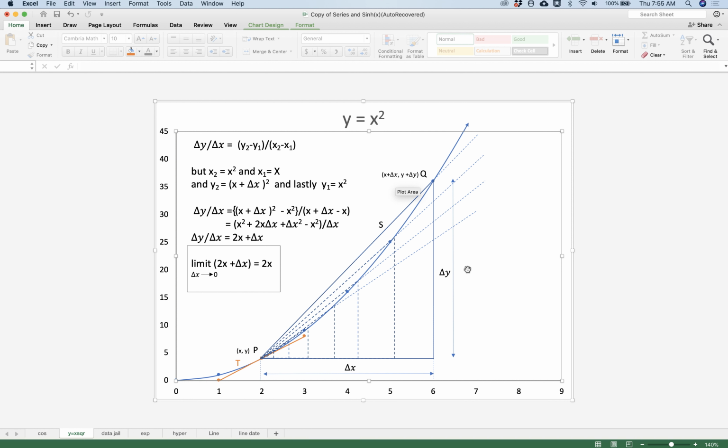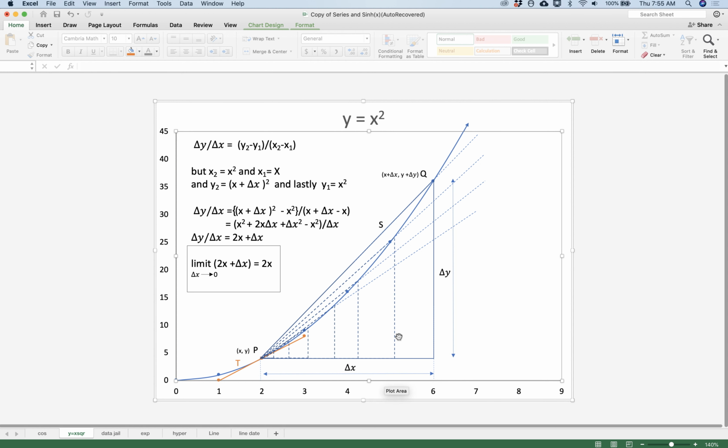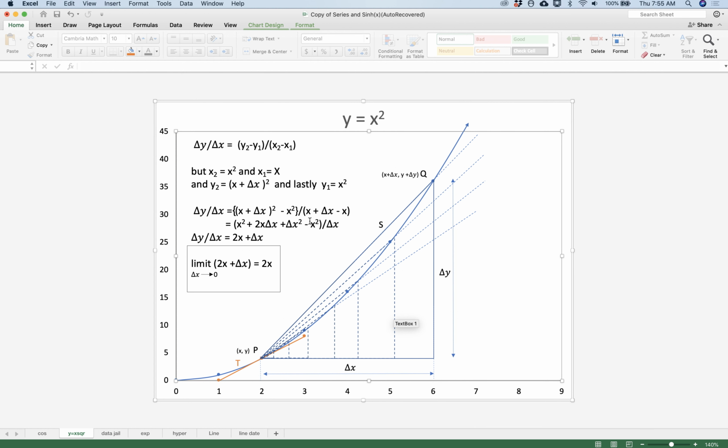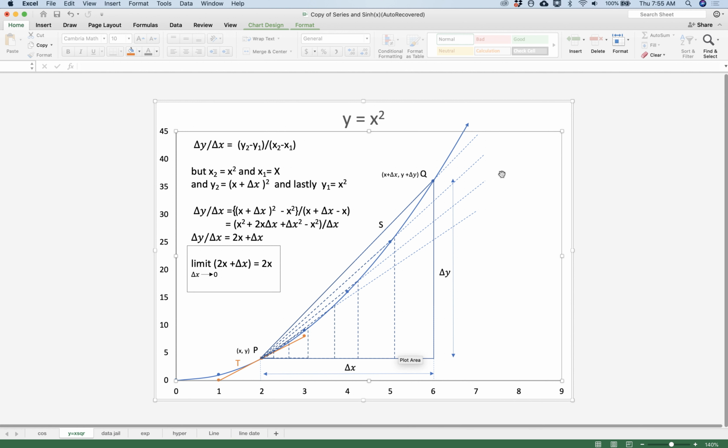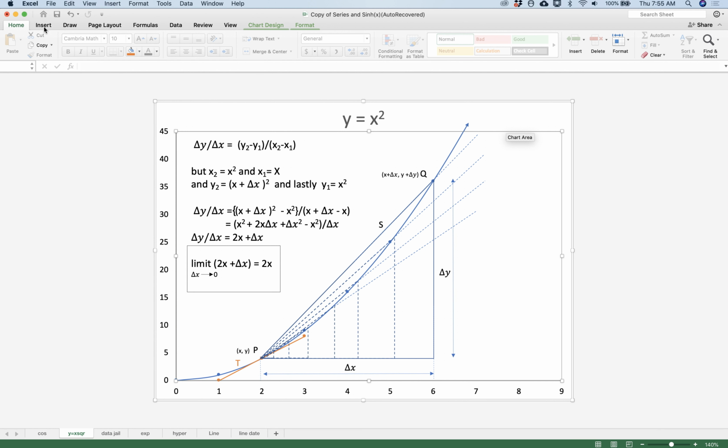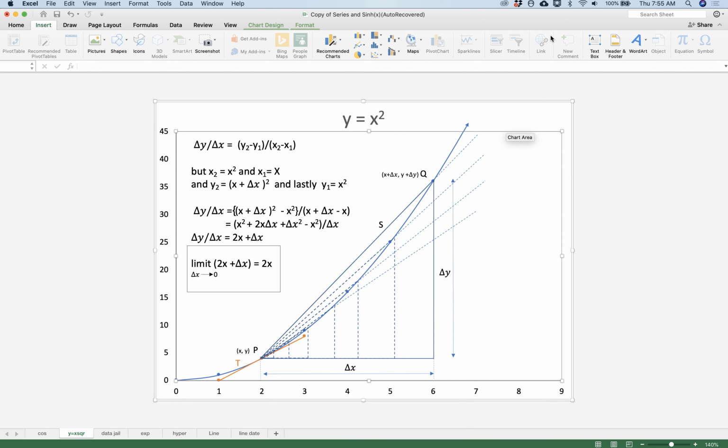And so it's interesting to note that if we did this with other functions, other polynomials, we would come up with a rule, and that rule would be, if I can write this out, maybe I have enough room.